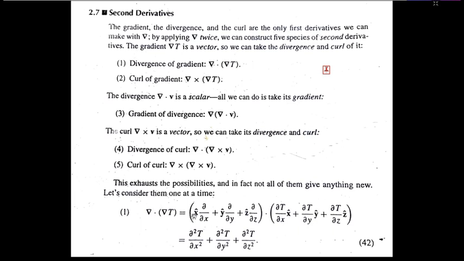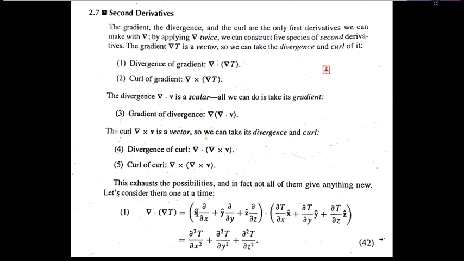Now x cap dot with only x cap may exist, x cap dot y cap will vanish because they are orthogonal to each other, and in the same way x cap dot z cap will also vanish, and therefore del square t by del x square is the first term of this entire bracket.